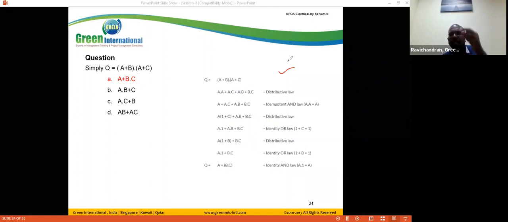For that, we need to remember the truth tables for all the logic gates and these laws. There is no need to learn these laws by heart, because if you are familiar with the truth tables, we have sufficient time in the exam hall, so it is possible to write the equations and solve this.